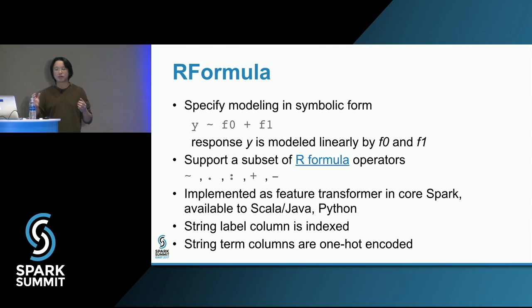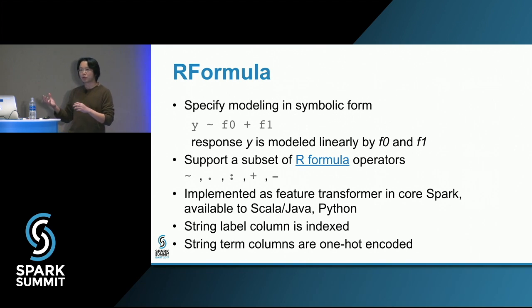So you can specify your label and your features in this symbolic form, which is really handy. In SparkR, we support a subset of it, what you see here. What's interesting about this R formula support is that it's actually implemented as a feature transformer. That means you can use this R formula support in other language bindings as well. We've seen people using it in Scala, and you can use it in Python if you wanted to.